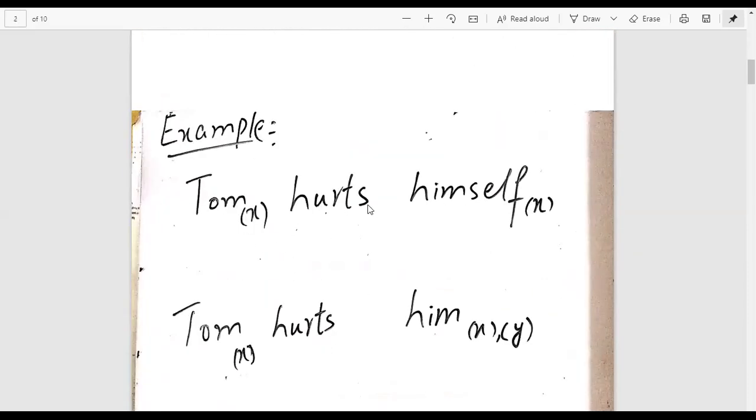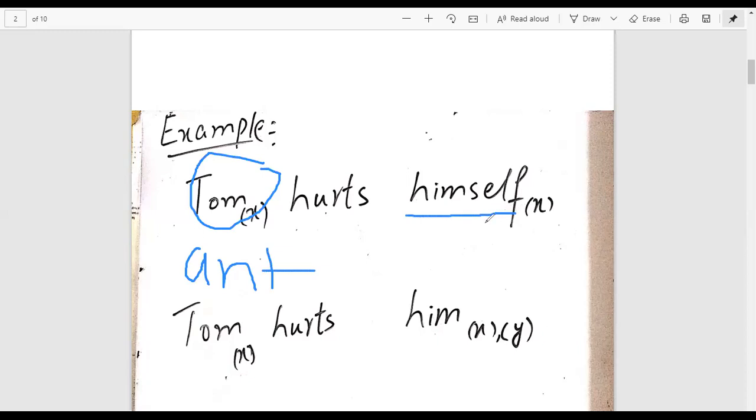Tom hurts himself. Here, Tom is an antecedent in the sentence. Let me open the draw box as well. So here, this Tom is the antecedent, because it binds its bindee, that is a pronoun.